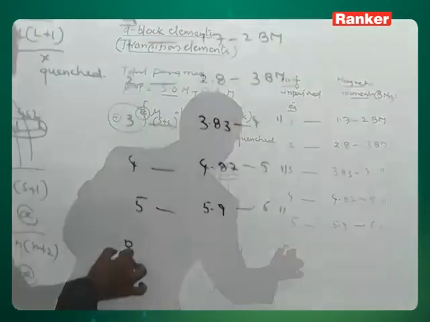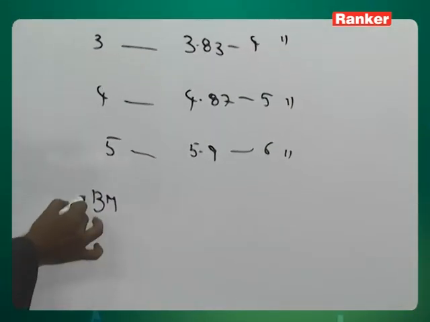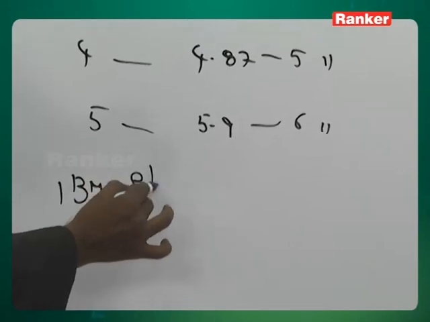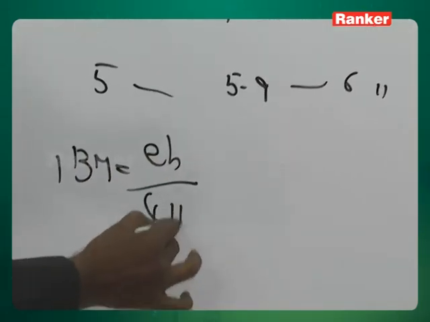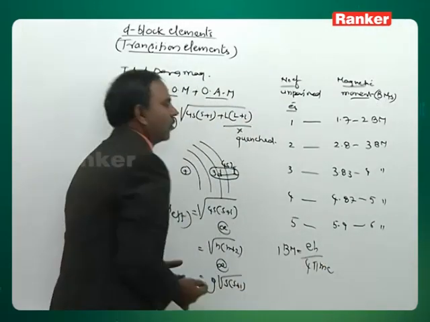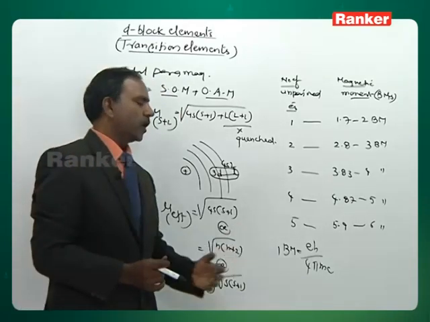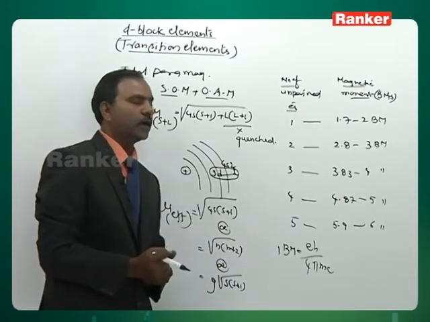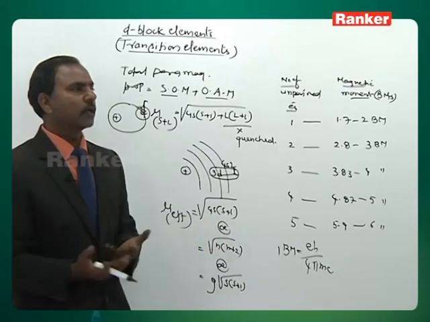Bohr magnetons, BM. See, one BM is equal to eh by 4 pi mc. If a question appears, define BM, you need not write any definition.